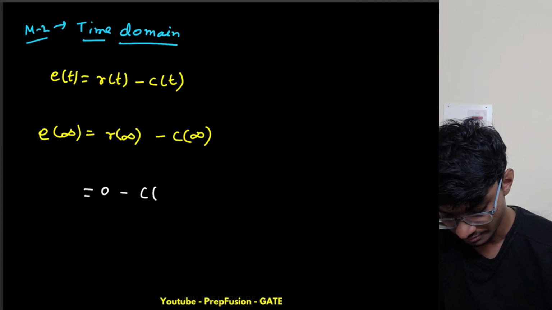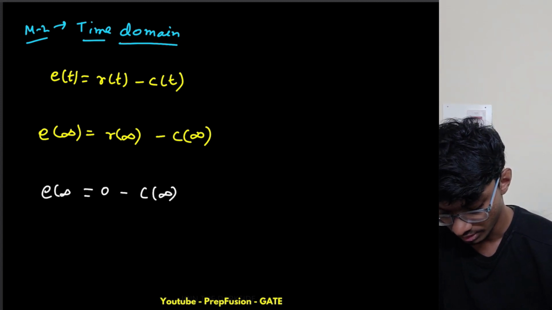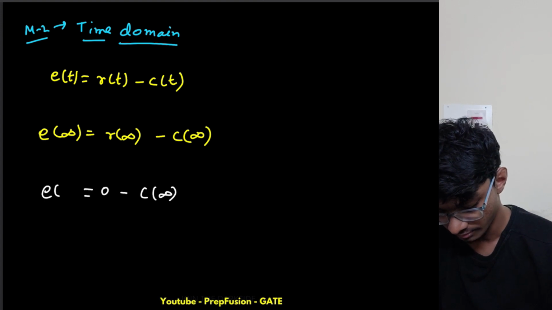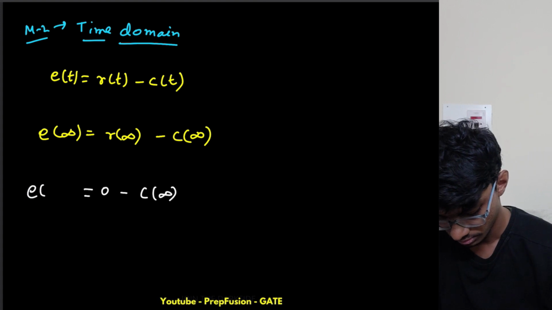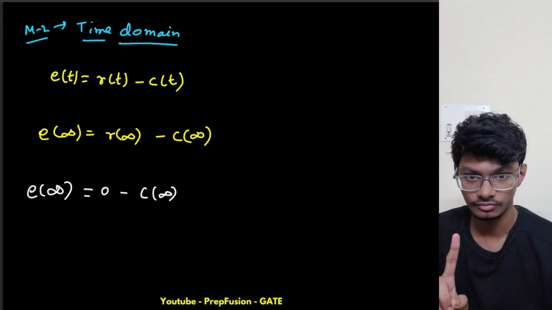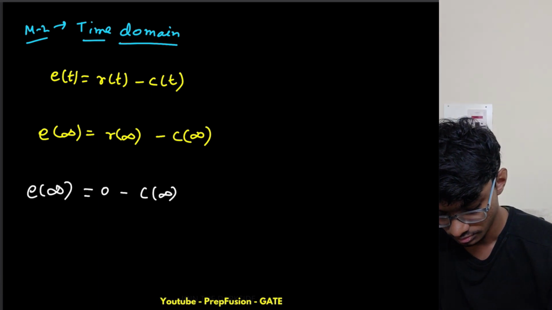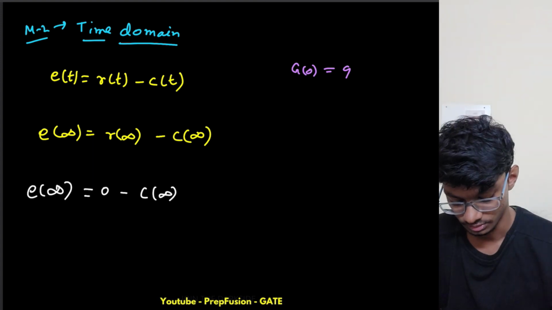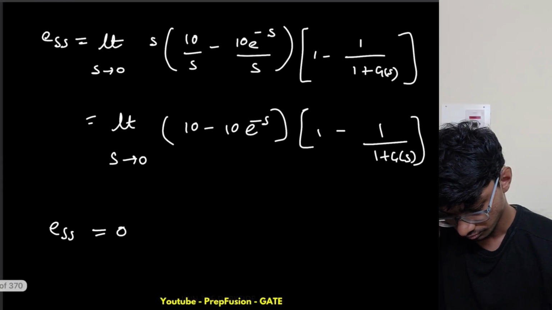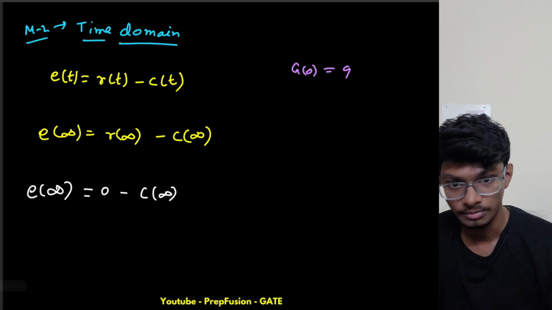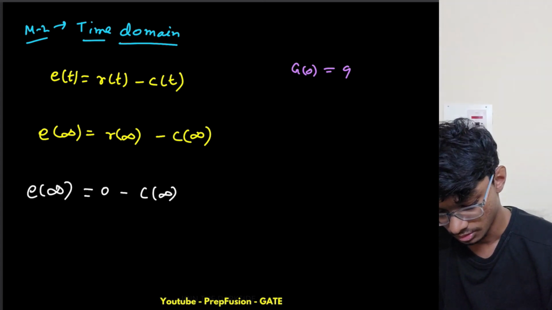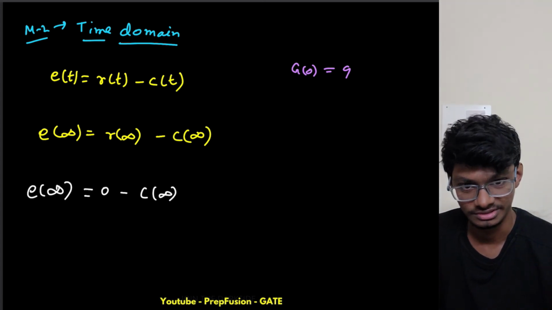Now what is my c of infinity? For c of infinity, I will again apply the final value theorem. What is the information we know? G of 0 we know, right? G of 0 equals 9, we know this already. Now how to apply the final value theorem? This is simply using the Laplace only.